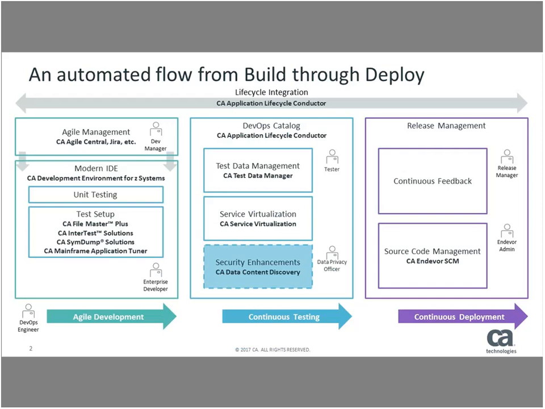As you'll see here, it plays a central role in CA's DevOps for Mainframe solution with integrations to our mainframe testing tool suite, our SCM product Endevor, and agile planning tools such as CA Agile Central via our application lifecycle conductor product. There's really just a lot that you can do here, and with that, it's my pleasure to pass it along to Dayon, who's going to discuss that in further detail.